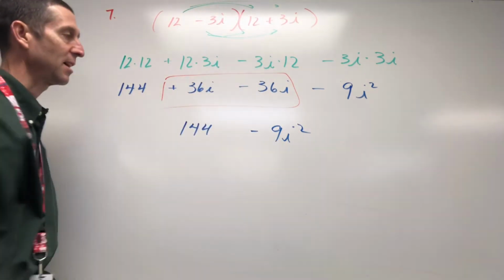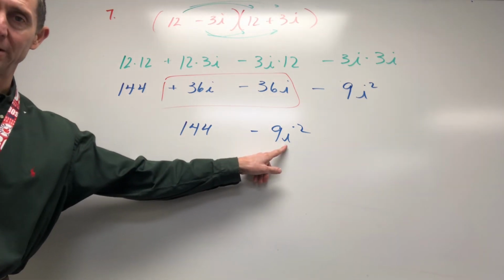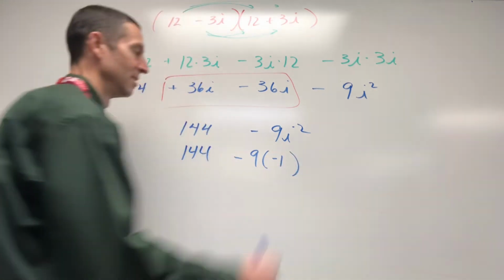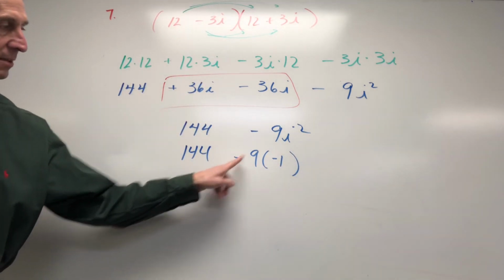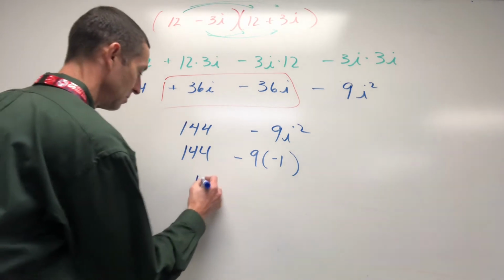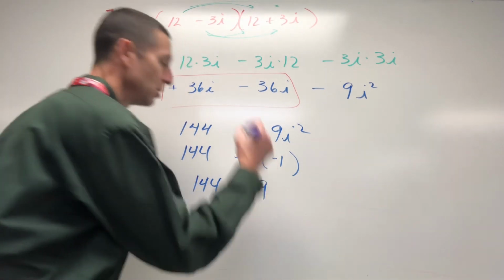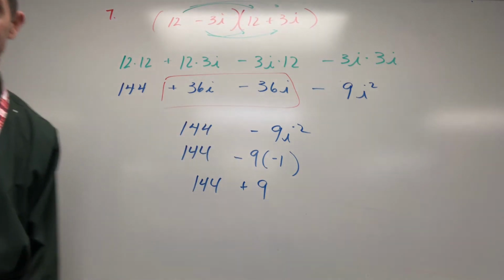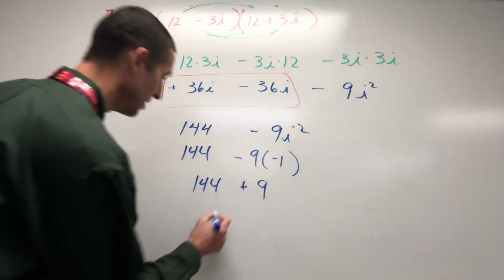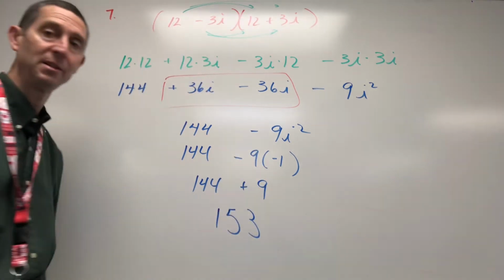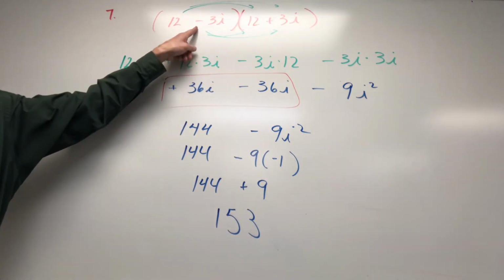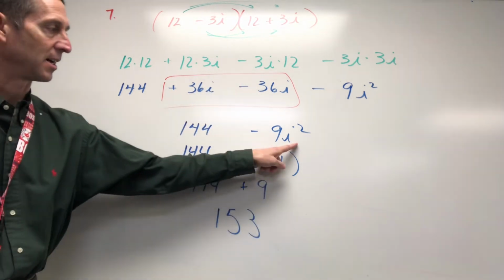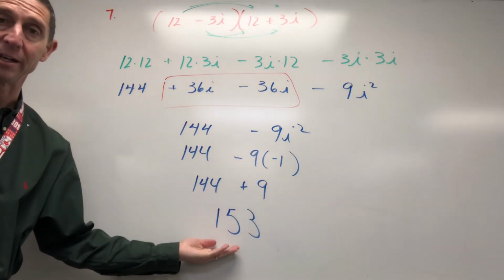Let's deal with I squared being negative 1, which actually means you have a negative times a negative. So this becomes 144 plus 9. Now you have no I, guys. You got all like terms you can add together. 144 plus 9, that's 153. So check it, the negative and the positive, that's what happens right here. They cancel each other out. The I squared becomes negative 1, and that's all we got left, 153.